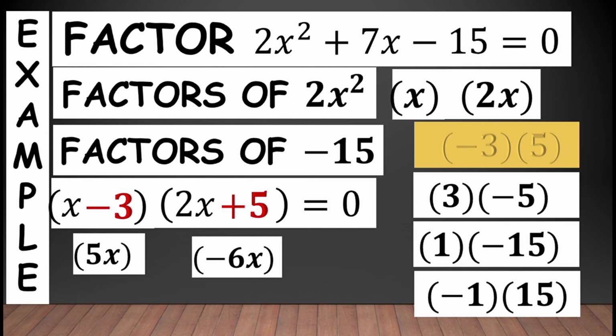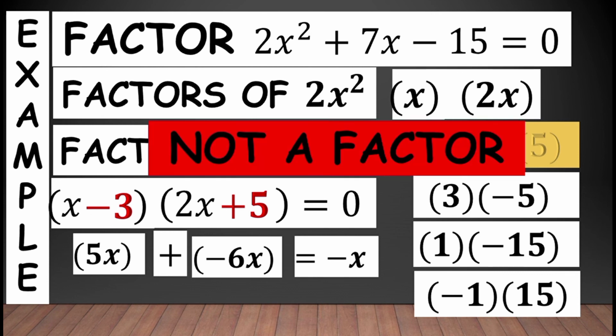Again, getting the sum of these two will lead us to our middle term, which is 7x. But combining 5x and negative 6x, it will give us negative x. Thus, this cannot be considered as a factor of 2x squared plus 7x minus 15 equals 0.